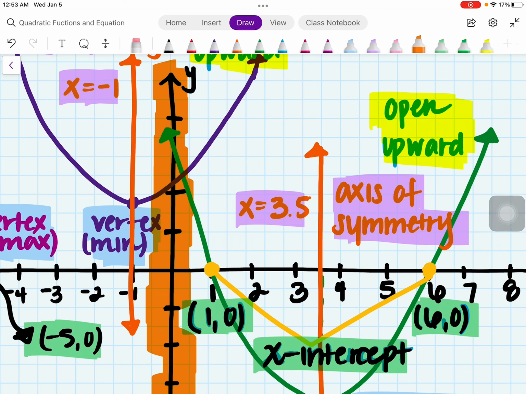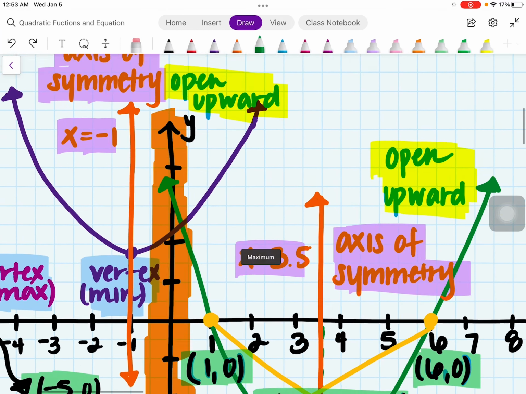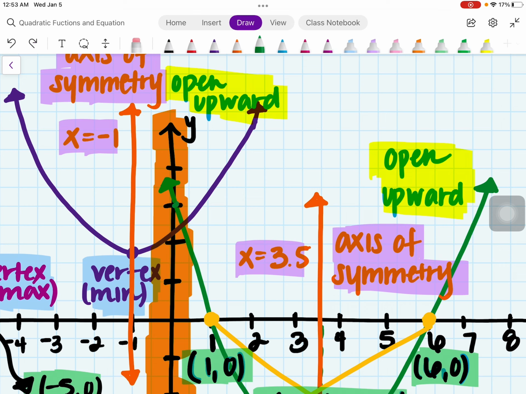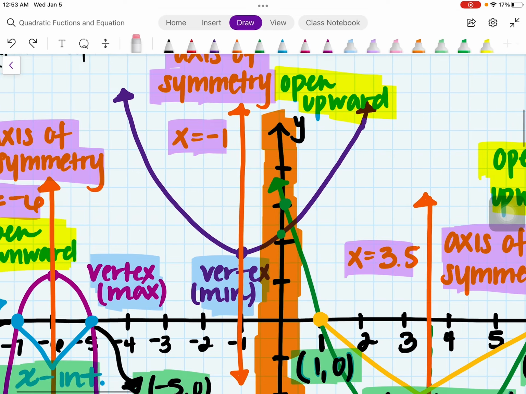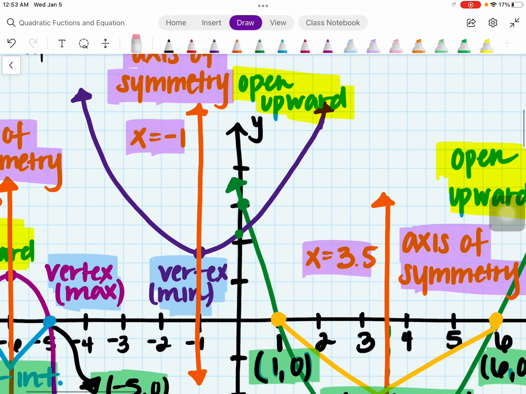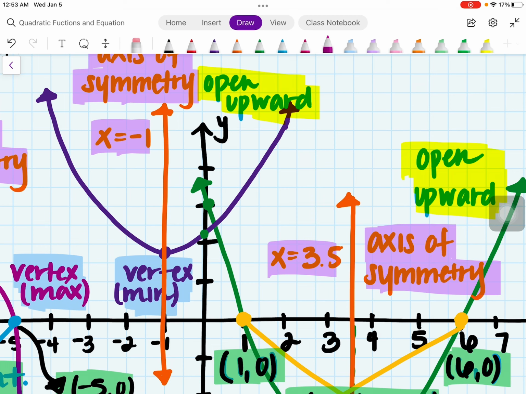For example, on our green graph here, we do have a y-intercept somewhere around here. And for the purple one, we have another one right there. I'm going to label both of these as our y-intercept and abbreviate INT for those.